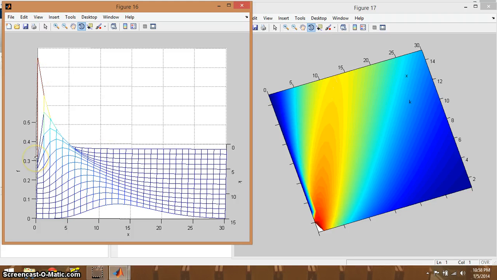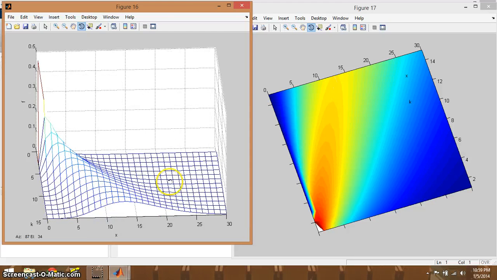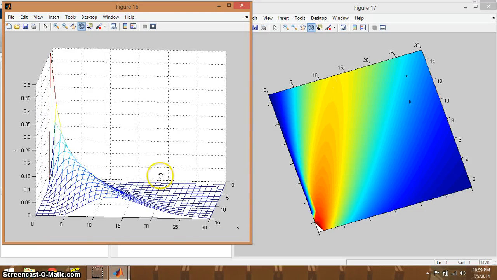About here is k equals 3 or 4. The chi-square distribution makes that shape. Let me rotate this slightly. Right here, k equals 10, the chi-square distribution makes that nice shape. K equals 15, it takes on sort of a normal distribution shape. Still clearly skewed. You can usually tell it's skewed just by looking at it.